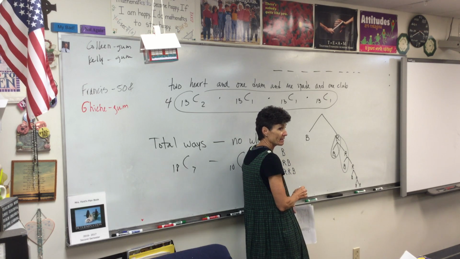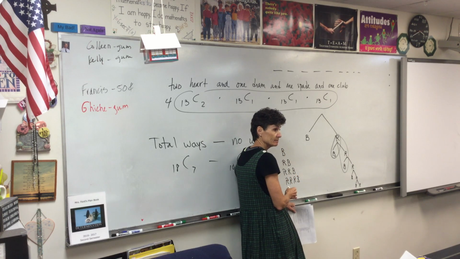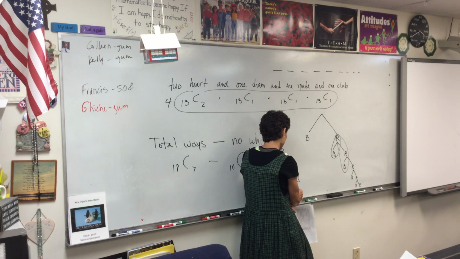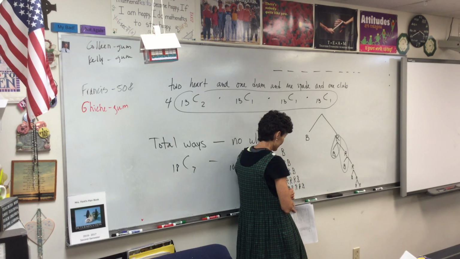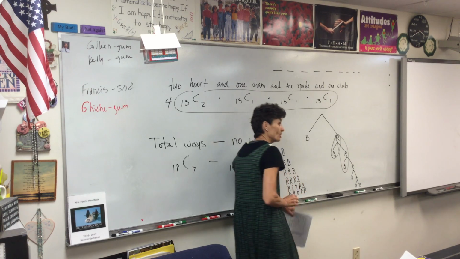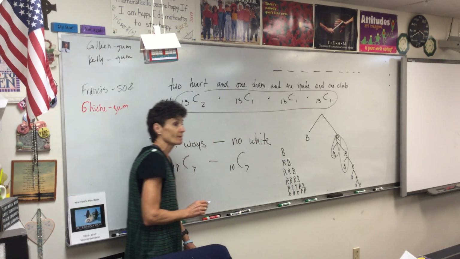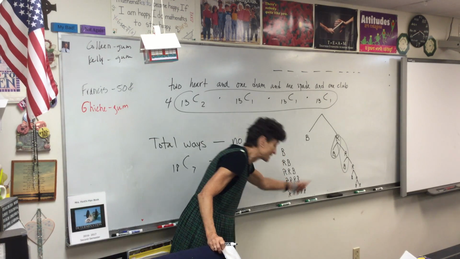You get the hang of it? You could do red, red, red, black. You could do red, red, red, red, black. And you can do red, red, red, red, red. Those are your options. So how many outcomes are there? 1, 2, 3, 4, 5, 6.